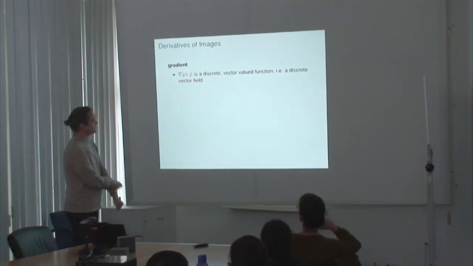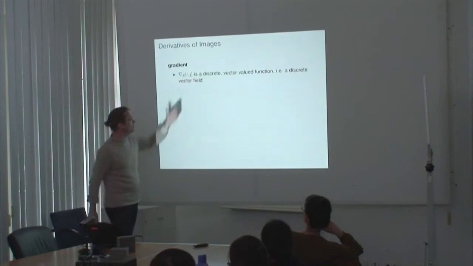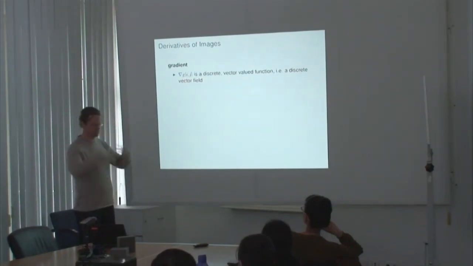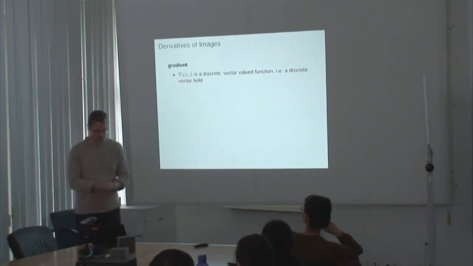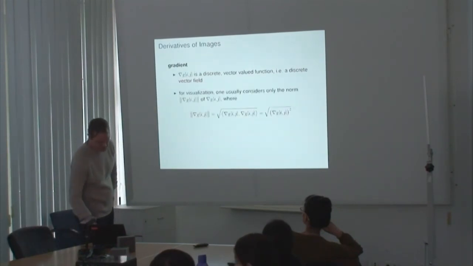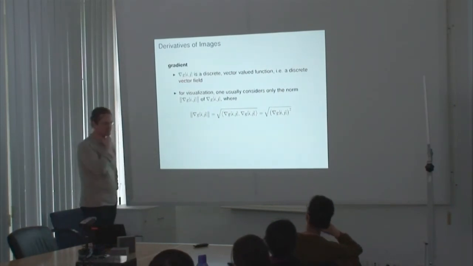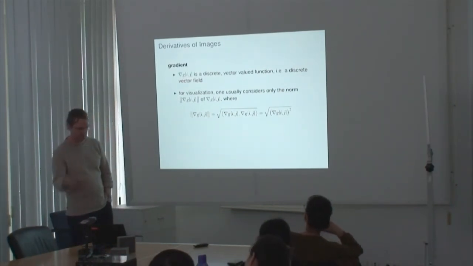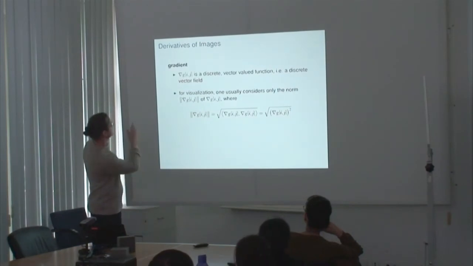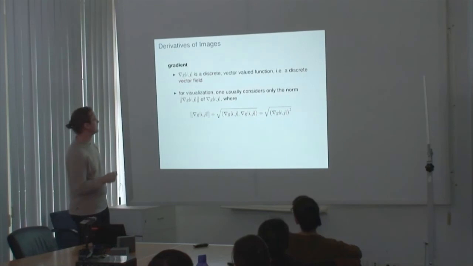Okay, and just given the way we have defined it, it's of course immediately obvious that it's another discrete, and in our case vector-valued, function. That is to say, it's a discrete vector field. We briefly talked about vector fields earlier. The question is, how could we visualize the effect of applying the gradient operator to an image function?